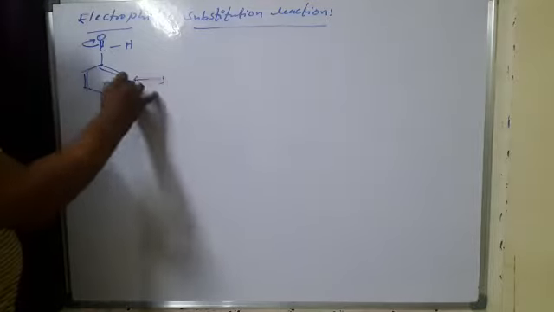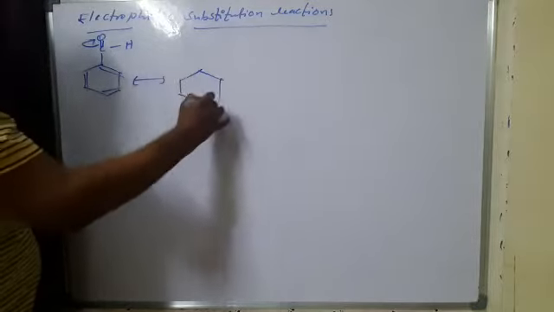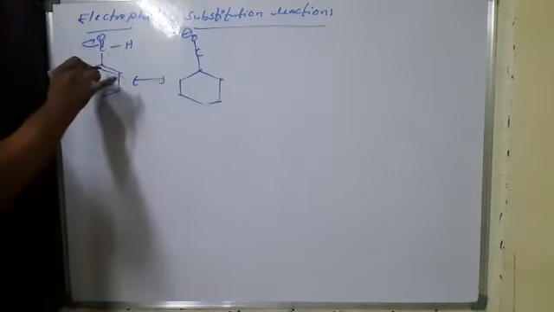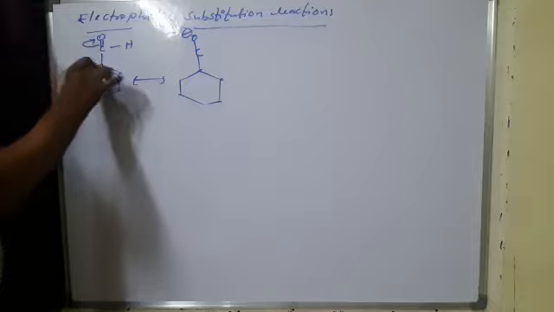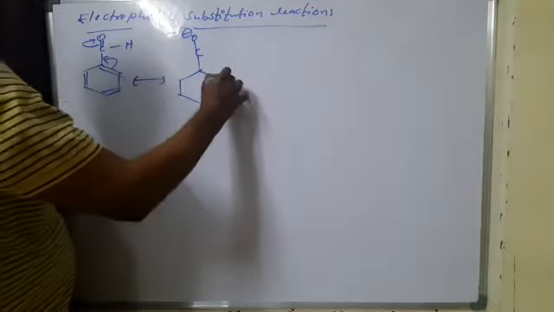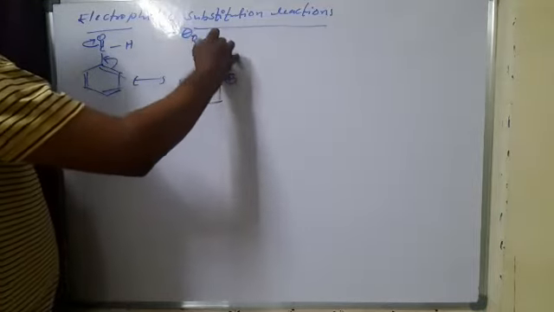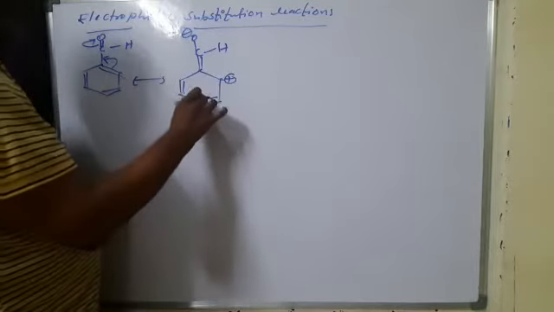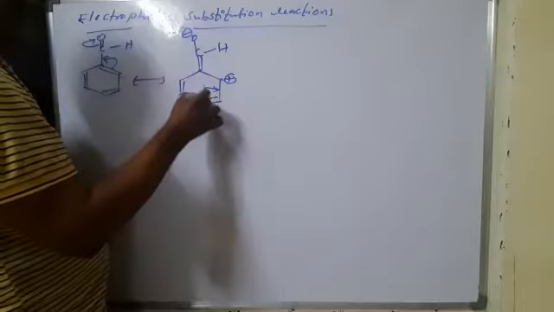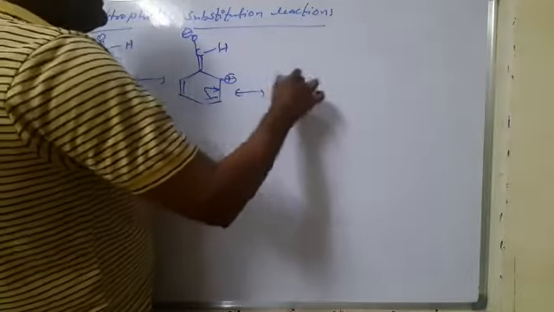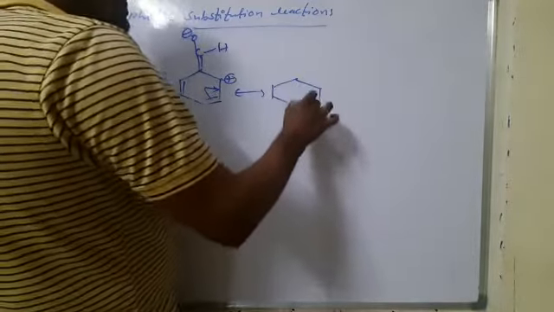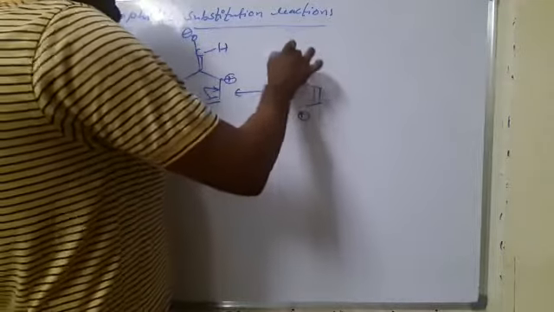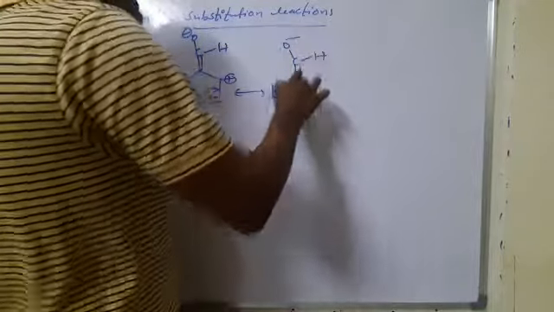How does it withdraw electrons from the benzene? See the mechanism. If this pi bond migrates here, this carbon gets a positive charge. Here a double bond appears. Next to pi, sigma positive; again conjugation, this pi bond migrates here, so here a double bond, now a positive appears. Now C-O minus H, here a double bond.